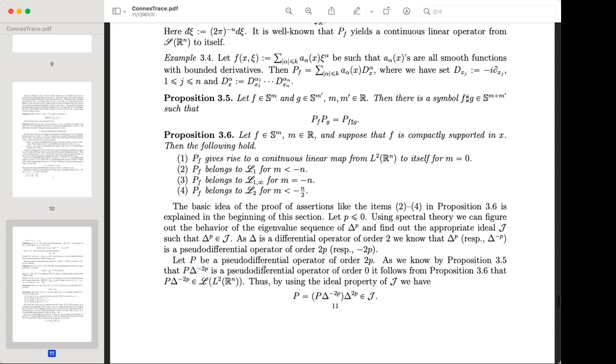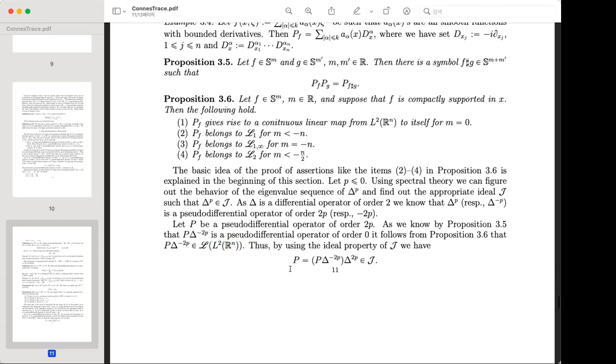So as P is a pseudo-differential operator of order 2P, and let's replace this minus 2P by minus P, sorry about that. As this has order 2P, and this has order minus P, by using this proposition, this is a pseudo-differential operator of order 0. So it belongs to the space of bounded linear operators on L2(R^n).